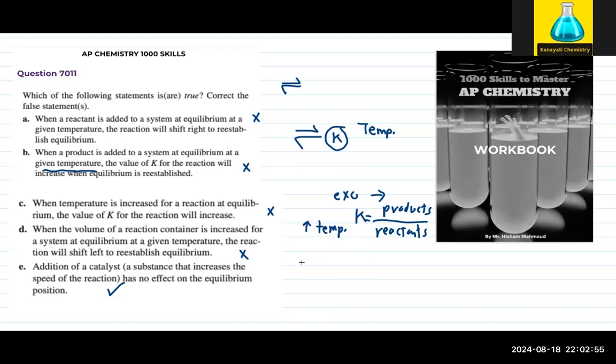So let's imagine again, I have 2 reactants and 3 products, and you have increased the container volume, so the pressure will decrease, the system will try to increase it, so it will move to the right, not to the left, because there are more products than reactants. If the opposite, then it will move to the left because it will go to the side with more moles. So it's not always correct.